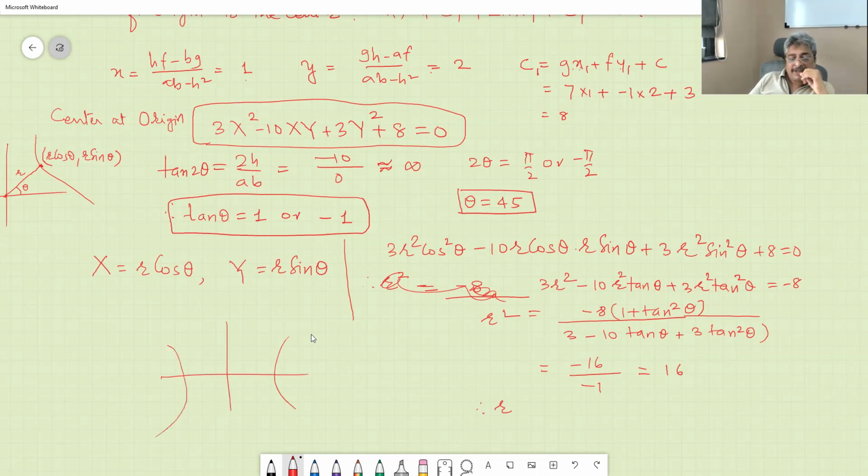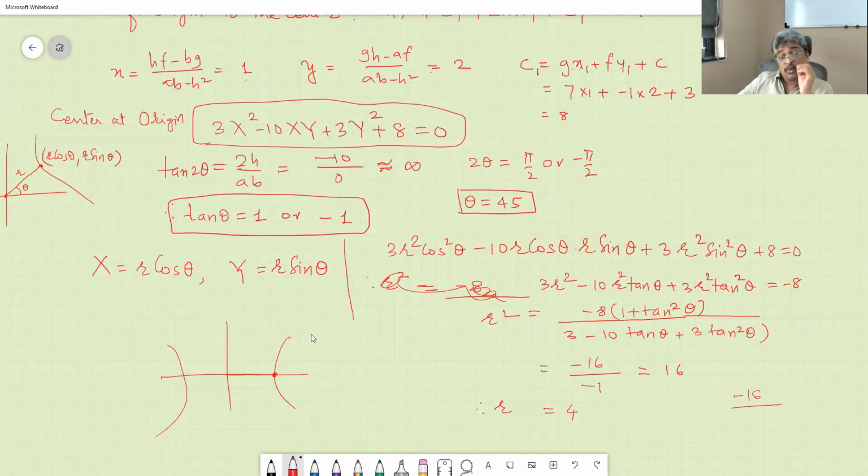In the standard position, this is the point which we are going to get. R is equal to length of semi major axis, or in case of hyperbola it is transverse axis, is going to be 4. And if we substitute tan theta is equal to minus 1 in this equation, then what will we get? R square is equal to, if tan theta is minus 1, numerator continues to remain minus 16 and denominator becomes minus 1.